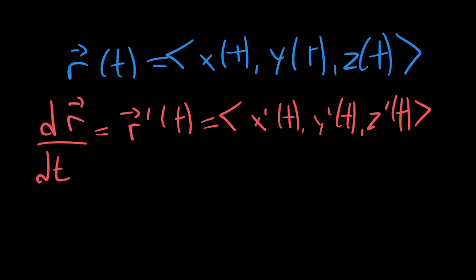Because vectors are a little different than functions. Oh, I messed that up. That's just supposed to be a prime.